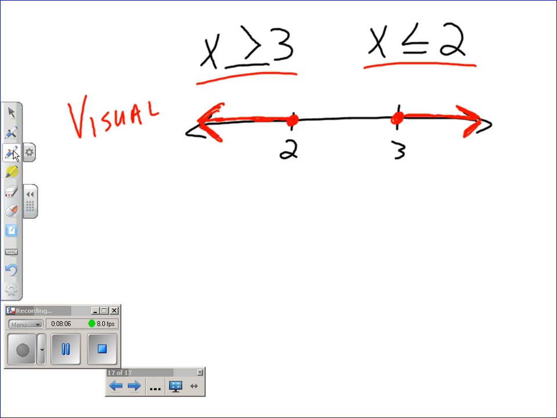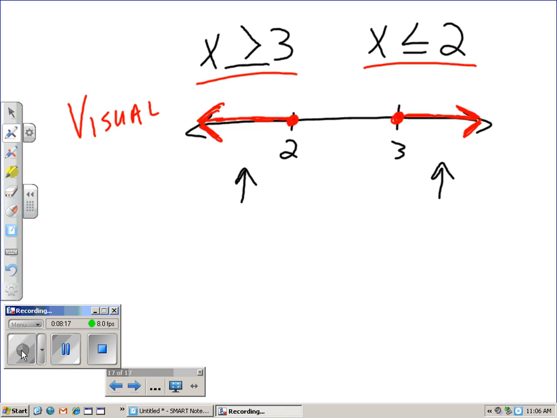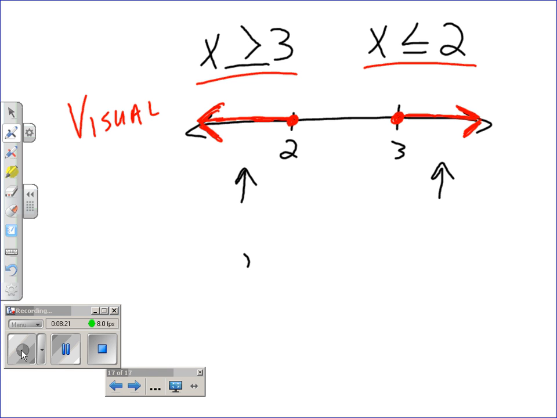Now, how do I express my answer in interval notation? Well, I actually have 2 intervals. I have this interval here that I have to write, and this interval here that I have to write. Okay, my first interval, I'm going to put a comma in between them. Remember, we go from left to right. When I write the interval, I'm going from left to right in that direction.